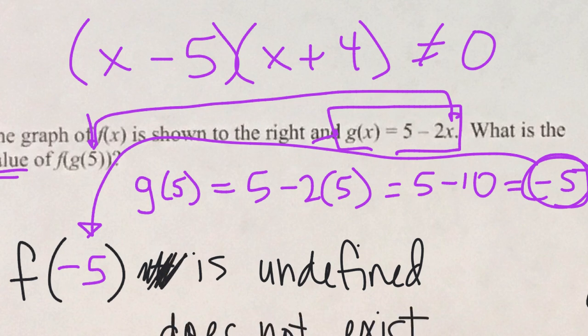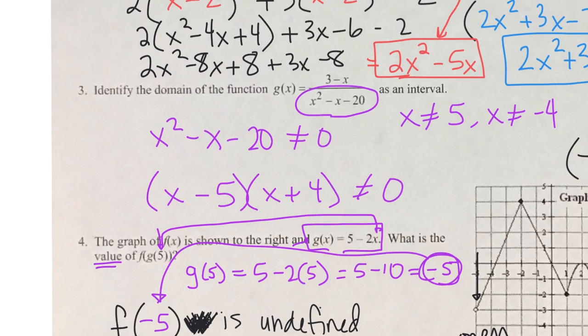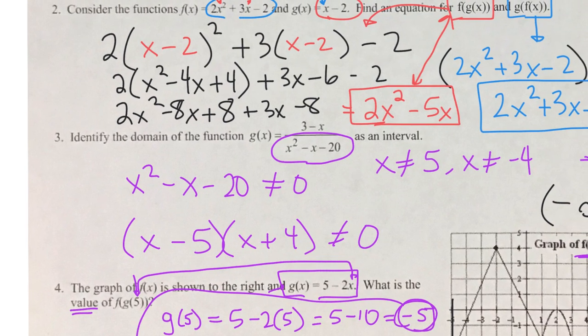Okay, so never equals undefined, right? A value is undefined, but a value is not equal to undefined. So that's one of those semantics that we got to get used to. If your answer is undefined, then you don't have an equal sign. You just have the words is undefined.